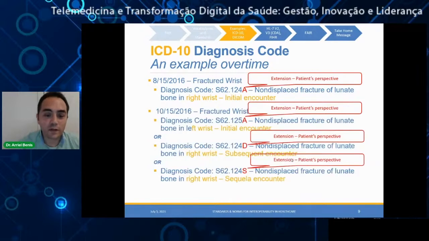Then at a different date, for example 2 months later, we can encode a new event, meaning a fracture on the left side, or a subsequent event which also happened on the initial, right side. So ICD-10 is also a standard nowadays for encoding medical situations, with a higher degree of interoperability.